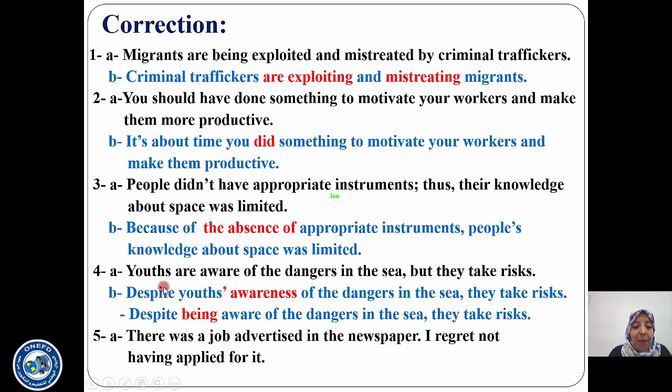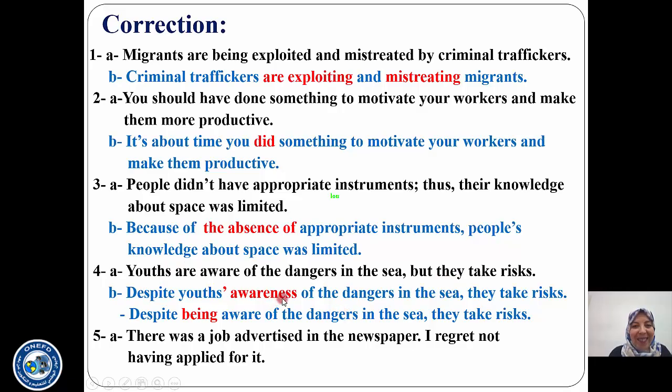Is it the same here? Youths in the first part and they is exactly the same. So it is possible to use being, a gerund. If you have a subject in the first part different from the subject used in the second sentence, it's not possible to use the second form. You need to use the first one.